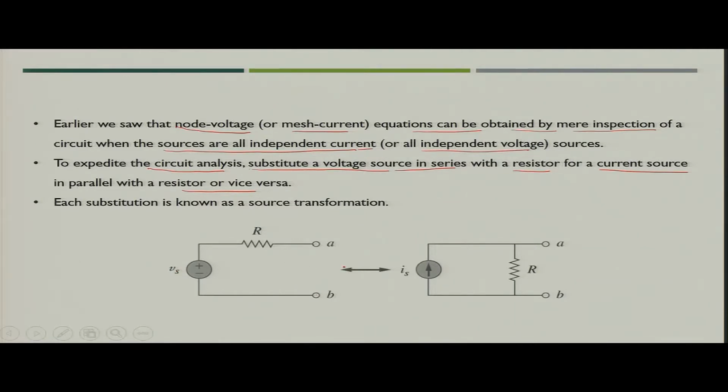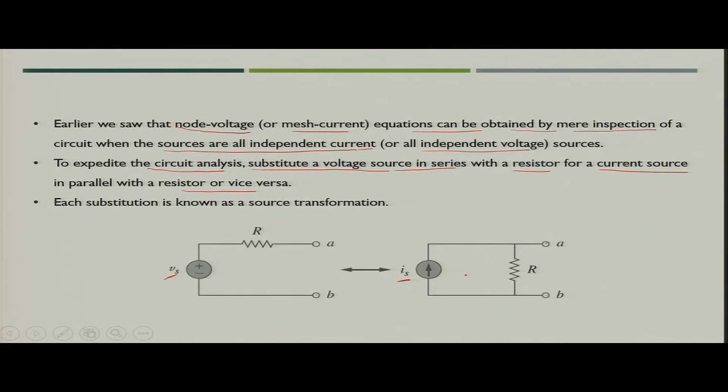Now, the source transformation technique says that if you have the same voltage current relationship at terminals A and B for both circuits, this can be represented as an equivalent circuit using one current source in parallel with resistance R. Now, the next question would be how we will find the value of Vs in terms of Is or Is in terms of Vs, or what will happen to these two resistances, whether both will remain the same or change.